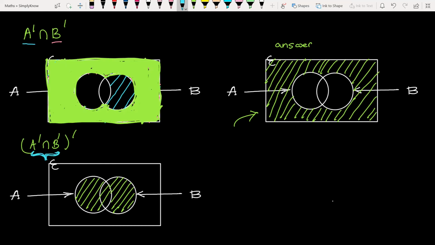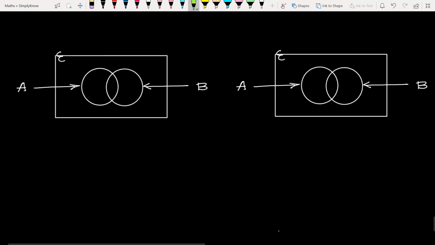So always do a scrap work and identify the exact region to shade. Now how do we shade the complement of A complement intersection B? So as I told you, first of all, do a scrap work. Then arrive at your answer.